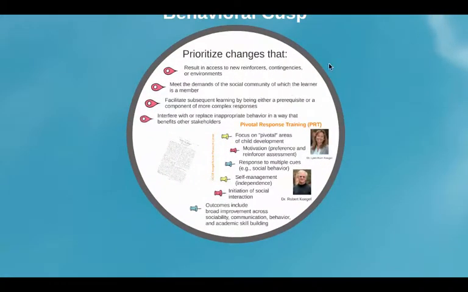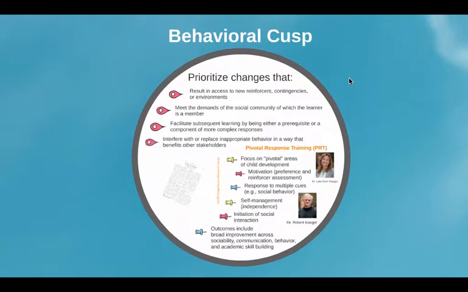Now, with respect to the outcome of the assessment, just a little bit of time needs to be spent on this concept. I've already introduced the term behavioral cusp, and that has implications for us because once an assessment is completed, we need to make a priority list in terms of what we will focus on, what our goals and objectives are.